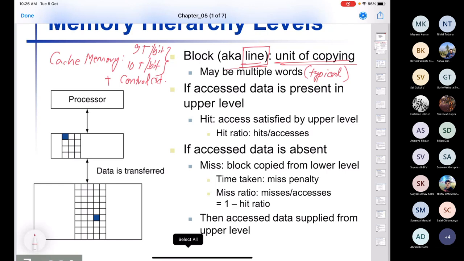Now, I would really like all data to be found in the cache memory, and there would be no need at all to go to the main memory.